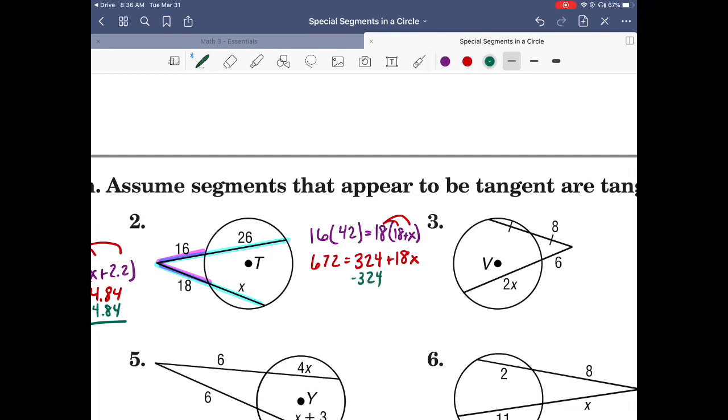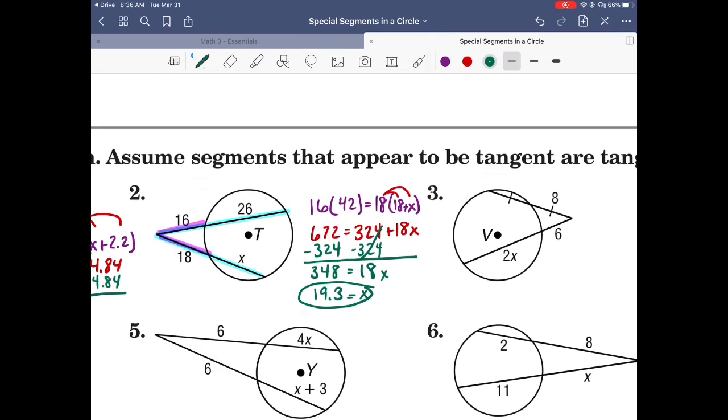Subtract 324 from both sides. 348. And then I'm going to divide both sides by 18. And x equals 19.3.